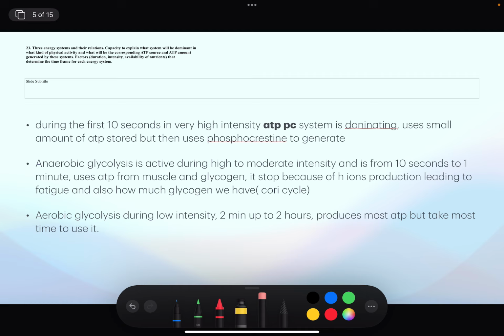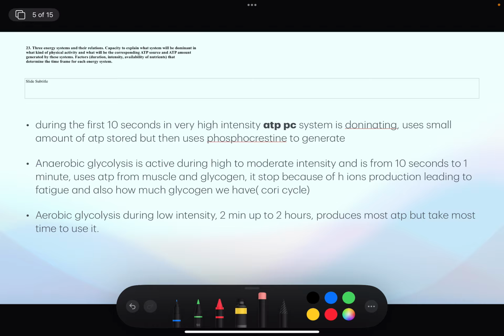Also, anaerobic glycolysis is active during high to moderate intensity and ranges from 10 seconds to 1 minute, and this uses ATP from the muscle and glycogen, and it stops because of hydrogen ion production, which leads to fatigue, and also because of the pH drop due to accumulation of lactic acid.